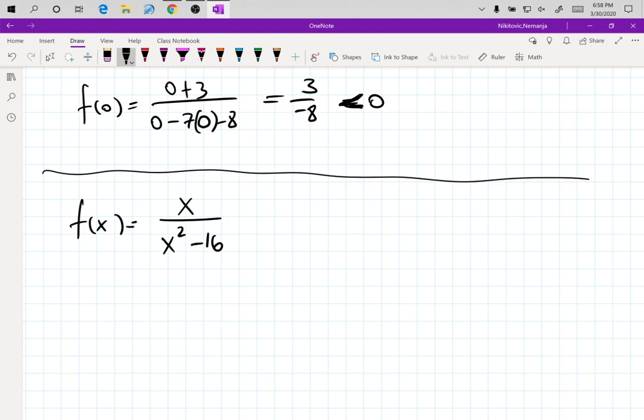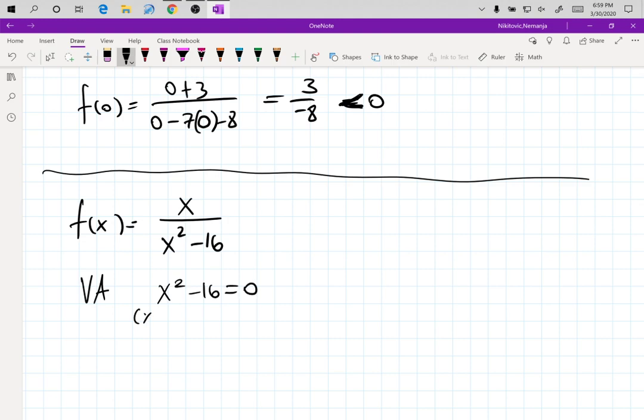So now in this case, we're going to have vertical asymptotes at x squared minus 16 equal to 0.